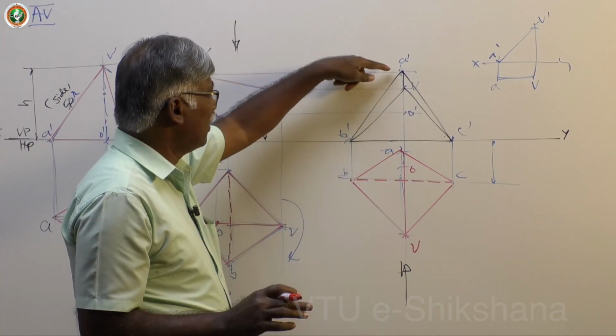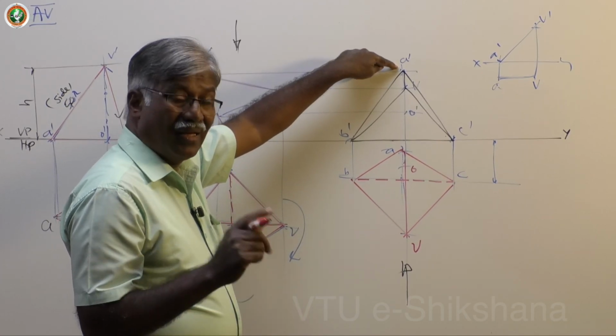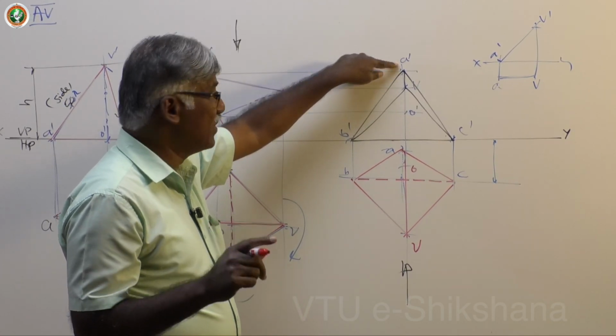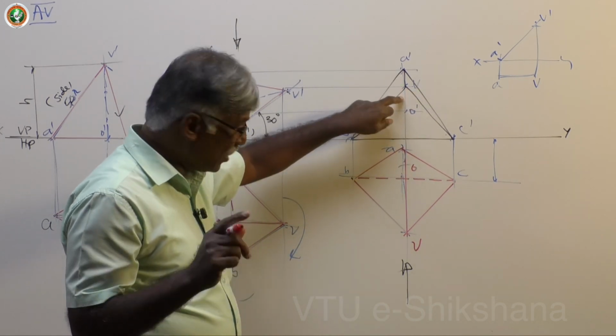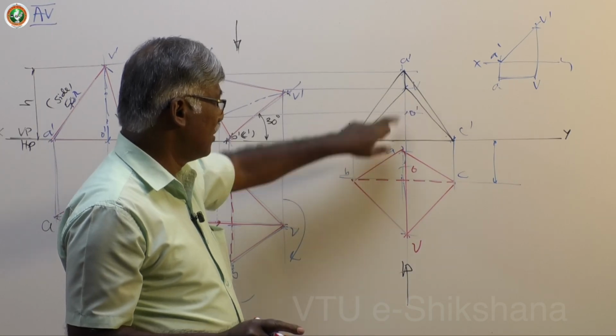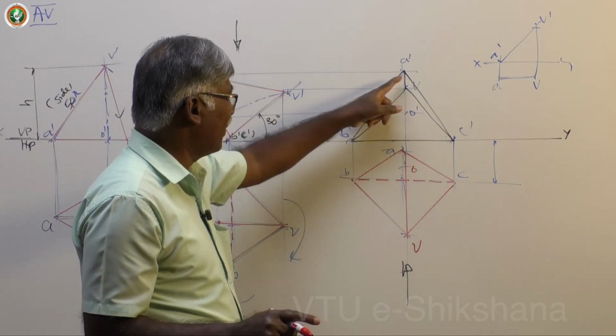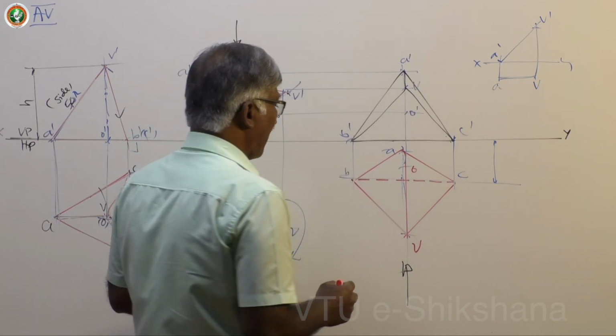So any number of lines joining that particular point are not visible. Since these two are boundary, fine. But what about this? Is this actually visible or invisible? That depends. So suppose ABC is not visible, definitely invisible surface, visible line. So this is the solution you have.